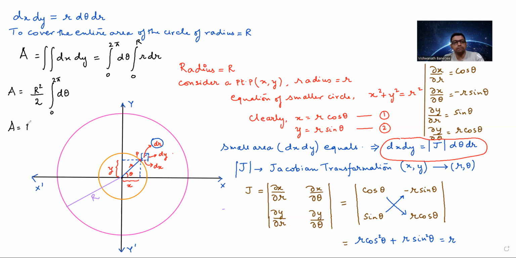So area is R squared by 2 times 2 pi. So this 2 gets cancelled, and you get your final result: area is pi R square, which is our well-known identity for the area of a circle.